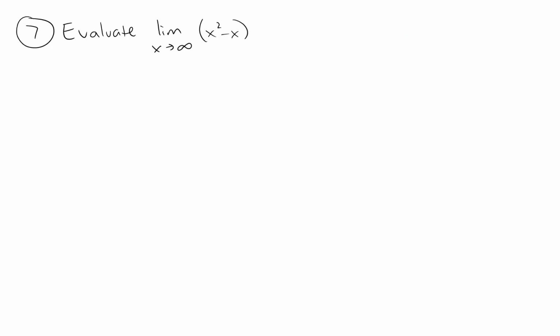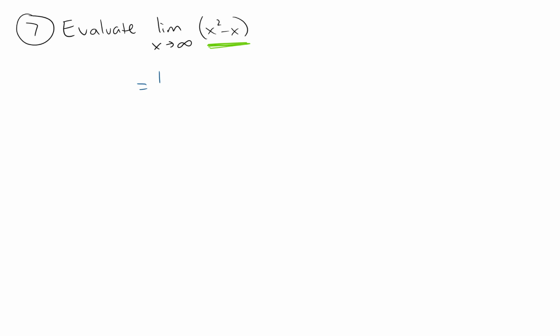Well, let's look at the expression we were given. Maybe there's something we can do to rewrite that. They both have an x, so I'm going to factor an x out of this and write it as x times (x minus 1). Now let's consider what would happen if we tried substituting a really, really big number.